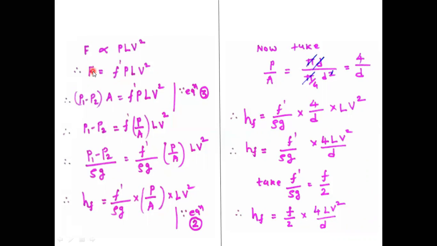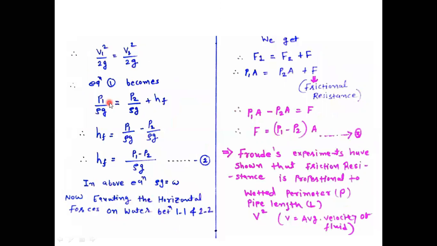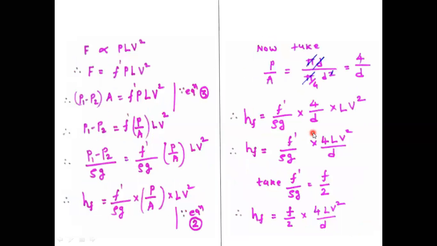So instead of F, you can put P1 minus P2 into A from equation number 3. See this equation number 3. F is equal to P1 minus P2 into A. So instead of this F, I put here P1 minus P2 into cross section area A, F dash P L V square as it is. Take this A on the right hand side.